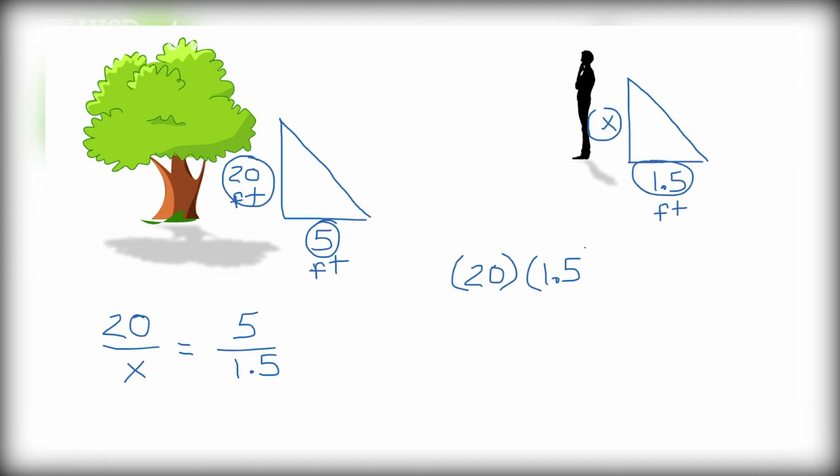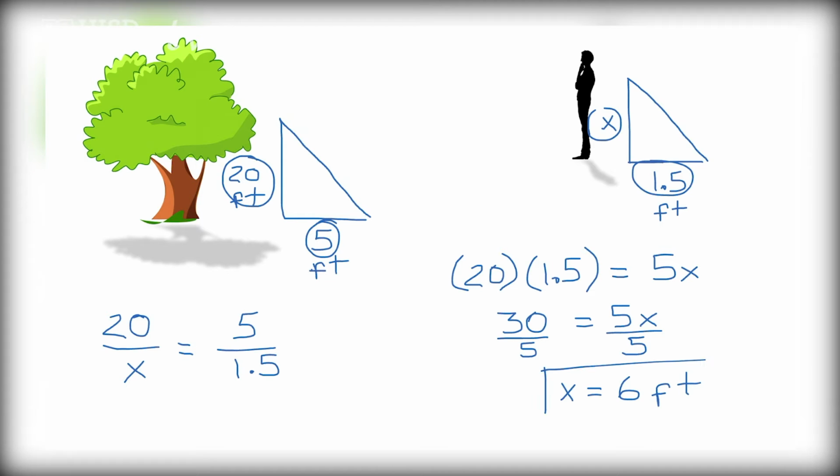Remember, I'm gonna multiply diagonally, and that's gonna be equal to 5 and x because I'm multiplying both terms. 20 times 1.5 is gonna be equal to 30, and then that's gonna be equal to 5x, and the last step will be for me to divide 30 by 5, and then I will see that x is gonna be equal to 6. So that means that the height of the person standing next to the tree is gonna be equal to 6 feet, and that's how you use proportions to find a missing side on a similar shape problem.